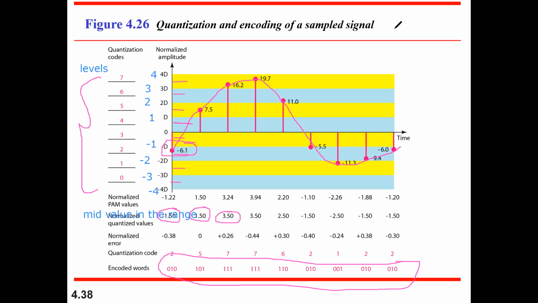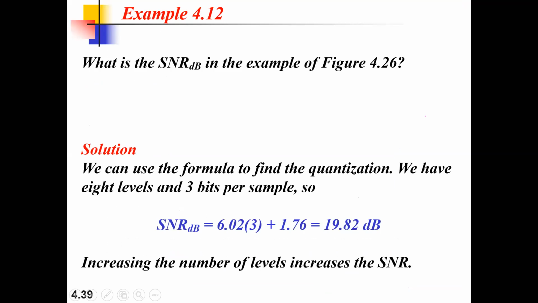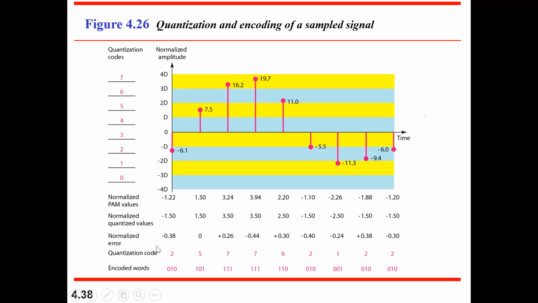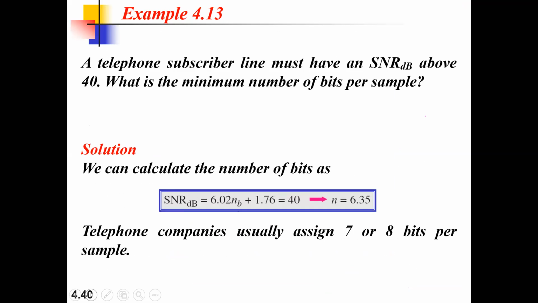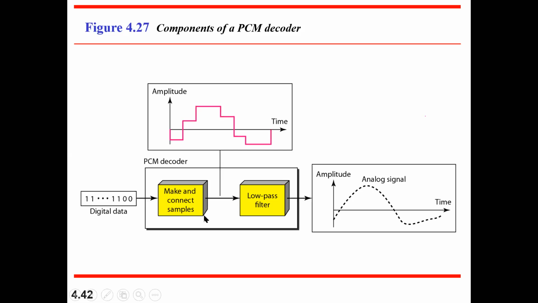With that, we need to see the decoder part. We'll just come back to this slide later. So we'll just see the decoder part and we'll come back to it.